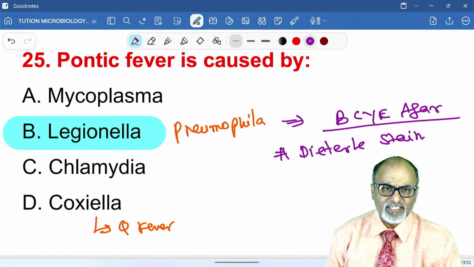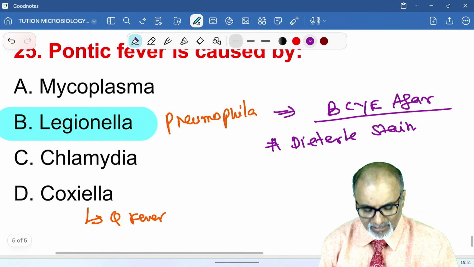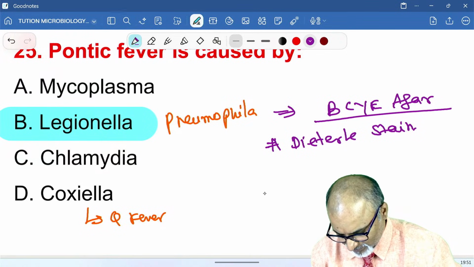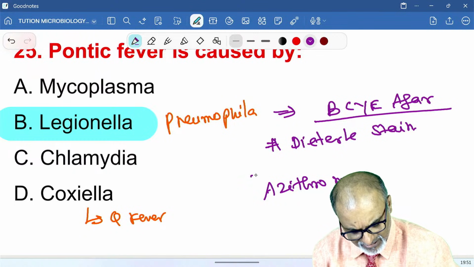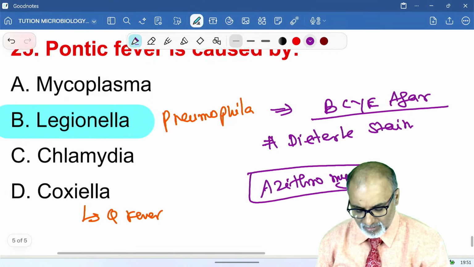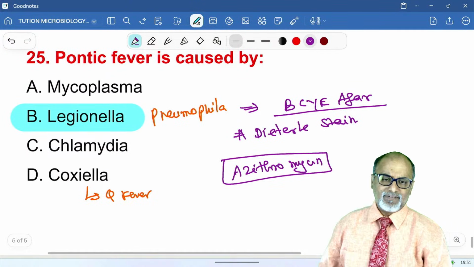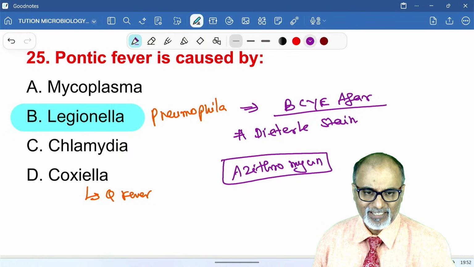And treatment, azithromycin. Commonly seen in air conditioners or water theme parks, wherever aerosol production, commonly we are getting Pontiac fever.